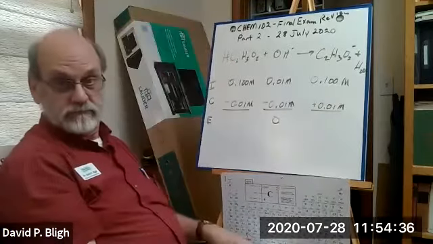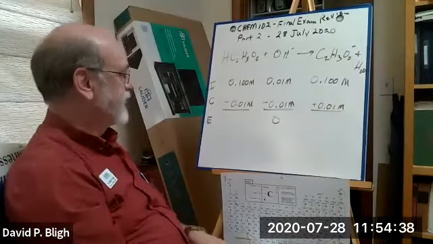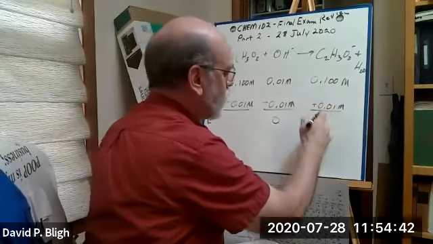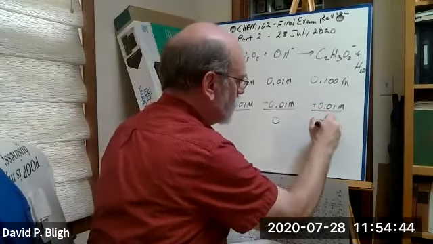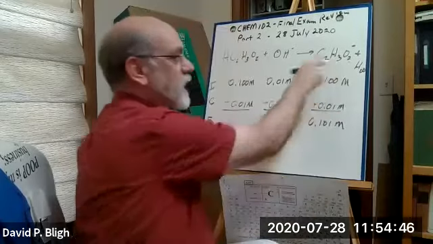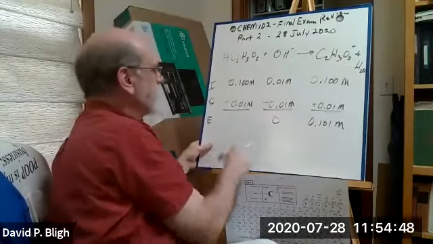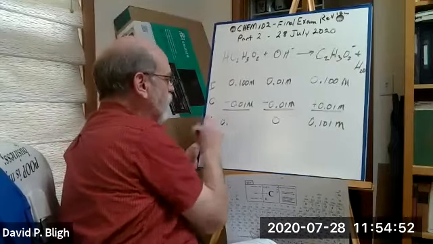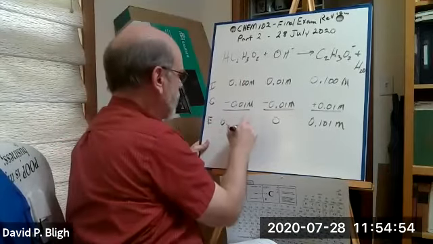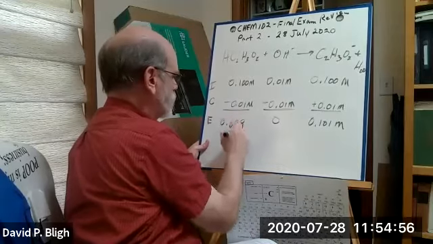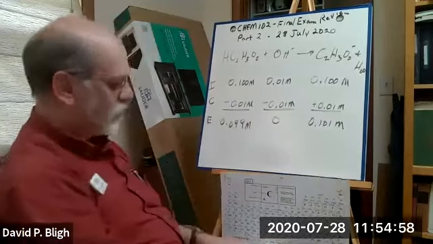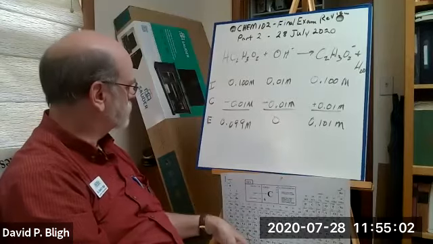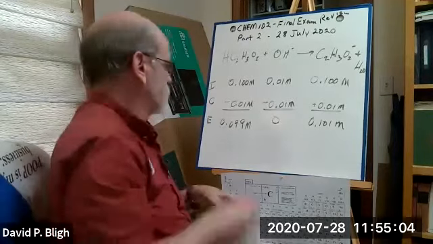Okay? Now, what's the result? 0.101 molar of the conjugate base. And the amount of acid that's left is 0.099. Right? Oh, no, sorry.